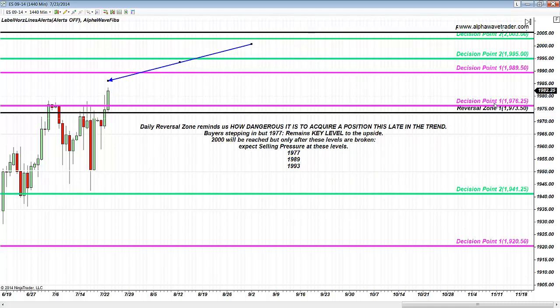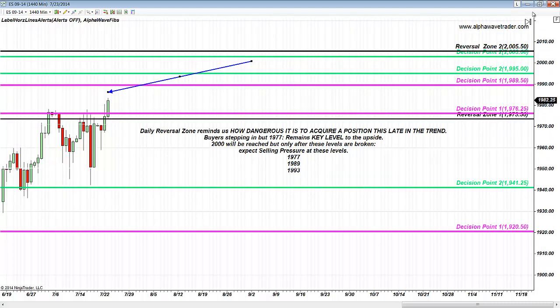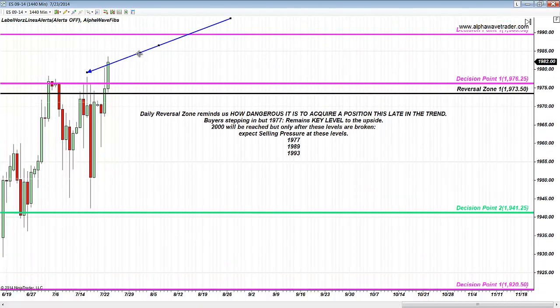And those are the levels spelled out by the price since many months ago, giving you a very powerful last long opportunity at the 1941, 1942 area, reminding you, if you know where the end of the minor trend is in combination with the reversal zone, you don't want to be anywhere near this level.